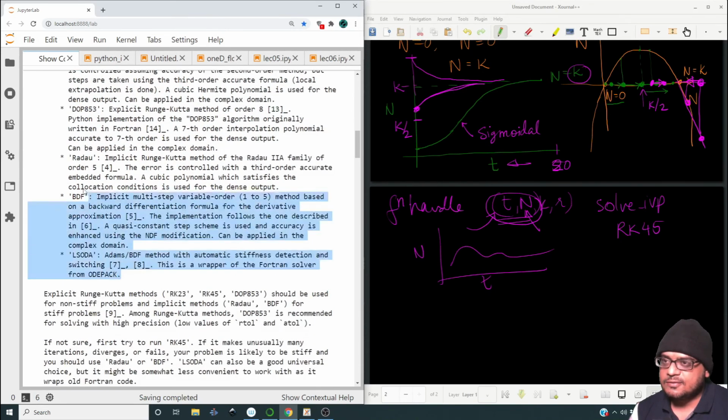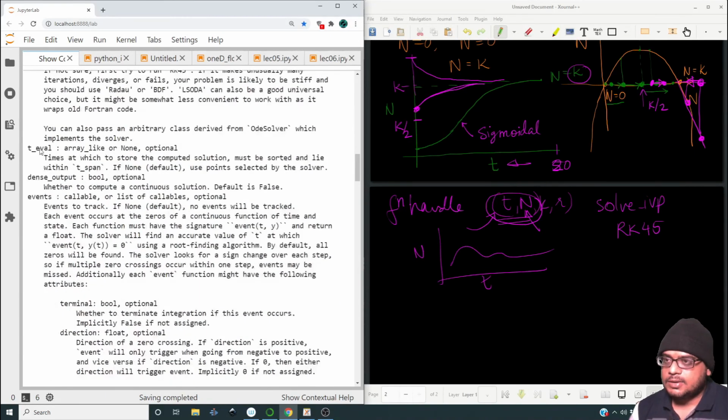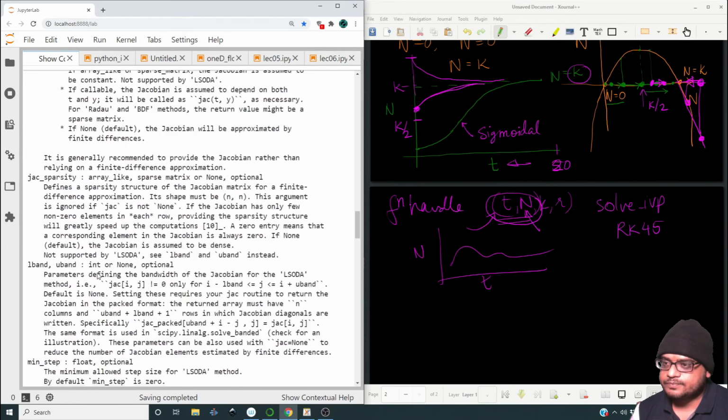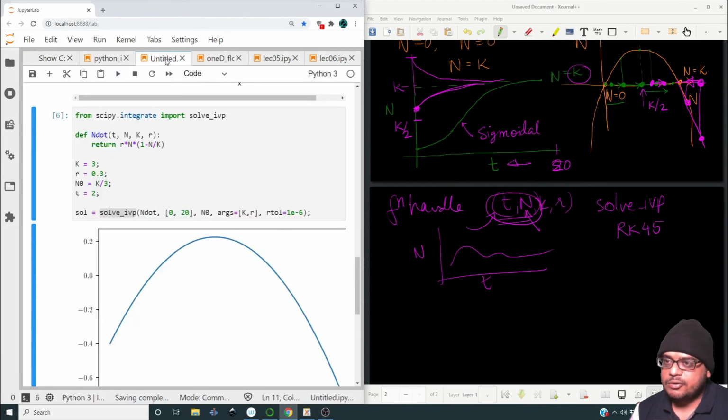So these are various solvers that have been written by very proficient people who spend their lives making things not only more accurate but very efficient to solve on a computer. Okay, and you can spend some time to have a look at it. So we are more interested in the relative tolerance, so we need accurate solutions. Okay, so let's get back to our file.